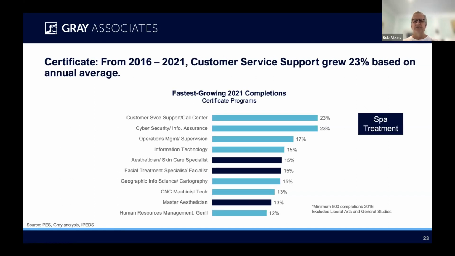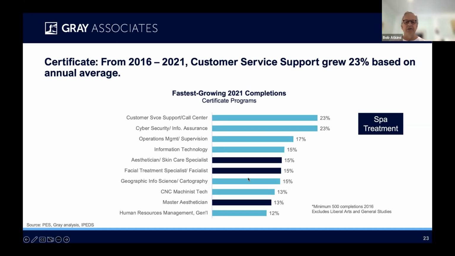As we look at customer service support in terms of fast growth, remember they had the lowest cost per acquisition, but it's one of the fastest growing programs, if not the fastest growing program in this period, up 23% in terms of completions. Cybersecurity, number 2 slot, operations management, IT, and then a couple of things that I would put in that beauty or spa area, as esthetician, facial treatment, and master esthetician, a little bit further down the list.